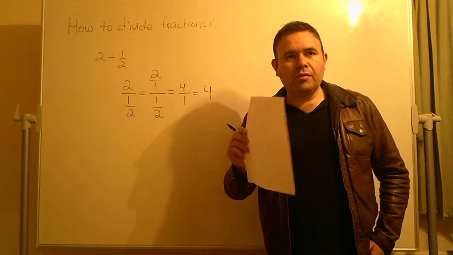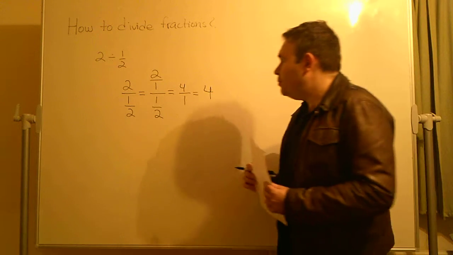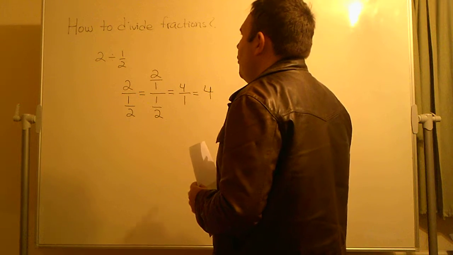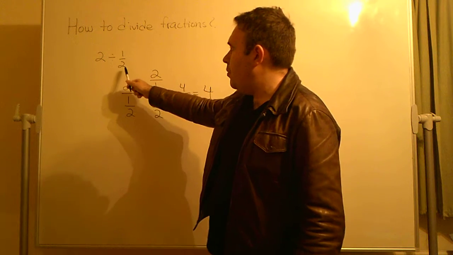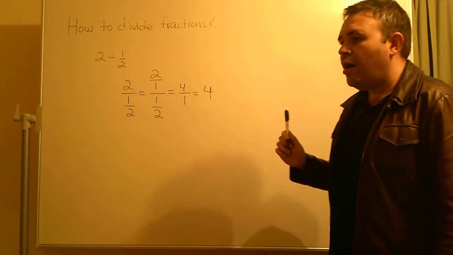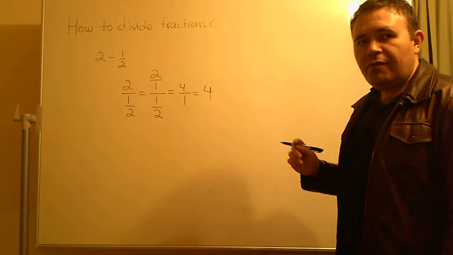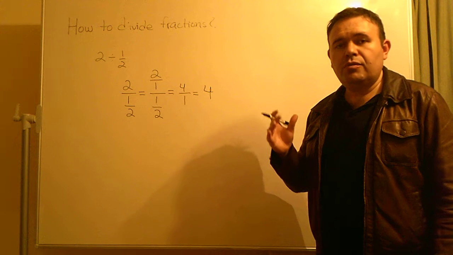But the question would be why? Why is that? Well, really, when you divide 2 by 1/2, what you are asking is how many times can I fit 1/2 into 2 units.